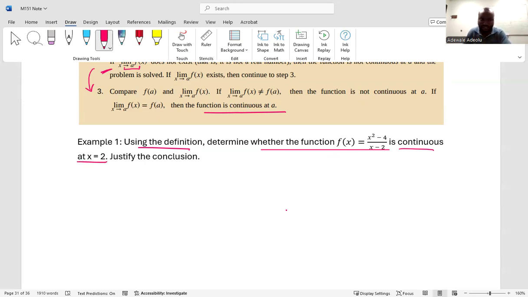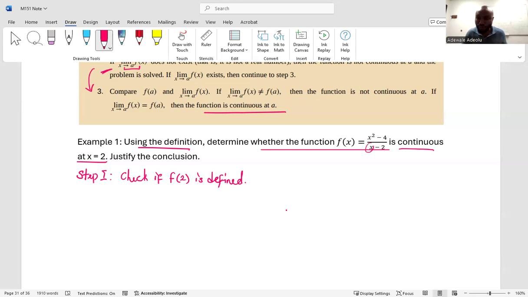Let us check. The first thing, step 1, check if f of 2 is defined. So let us see. What does that mean?